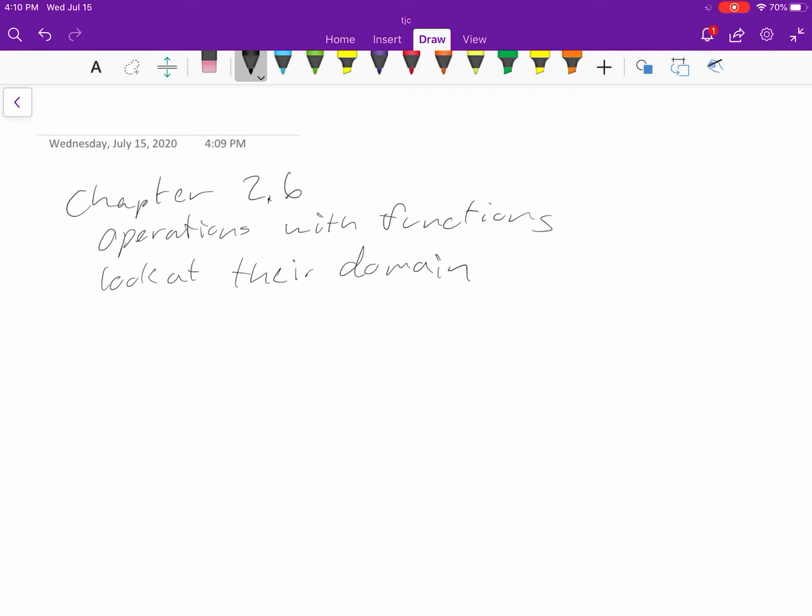So before we get started on operations of functions, we need to look at three different types of functions that we're going to be analyzing in these chapters. First type of function is known as the polynomial function, so it's a poly, and it is any function that can be written in this form.